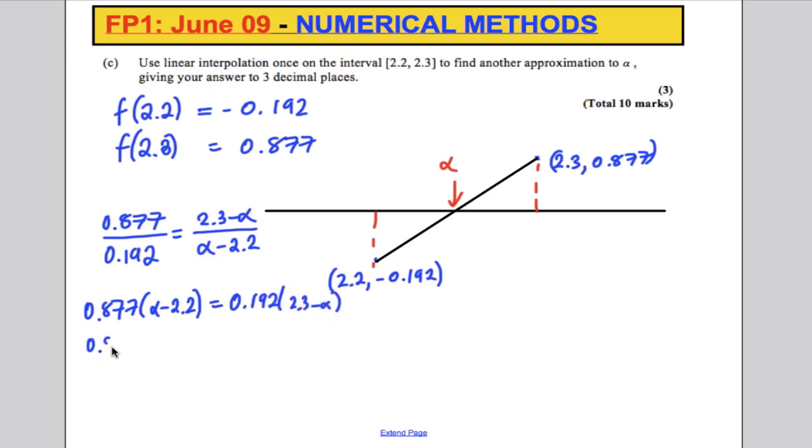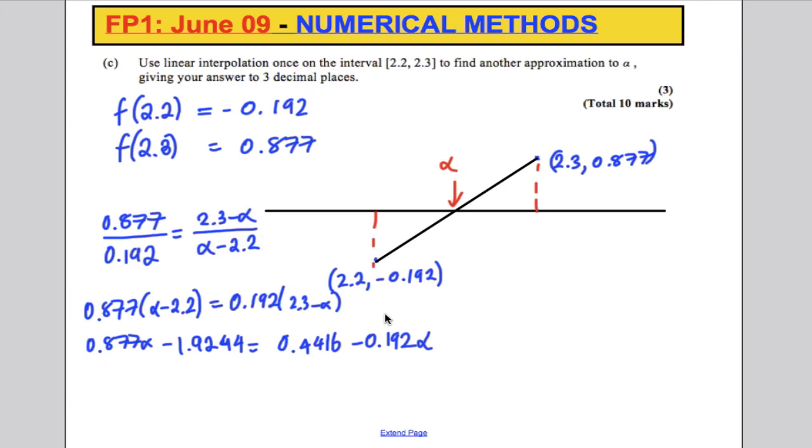Times this out, 0.877 alpha subtract 1.9294 is equal to 0.4416 subtract 0.192 alpha.